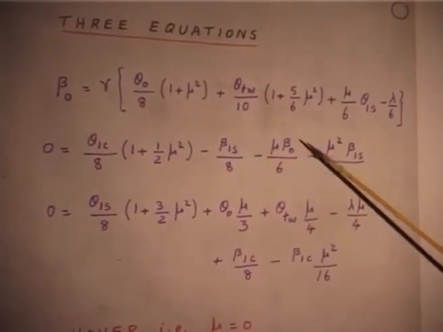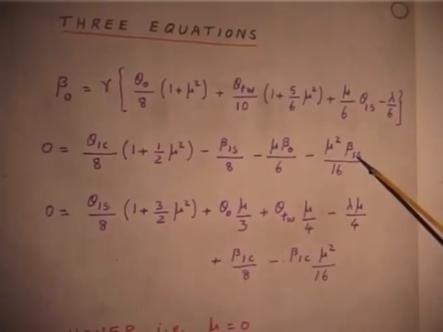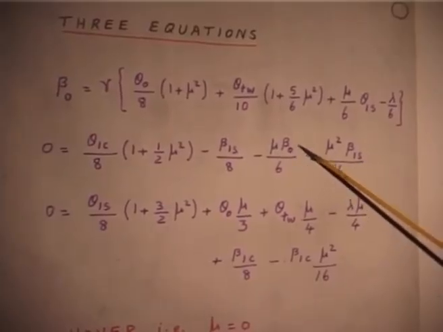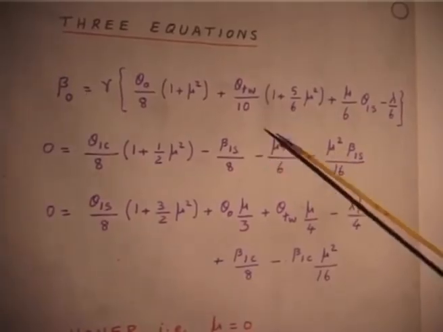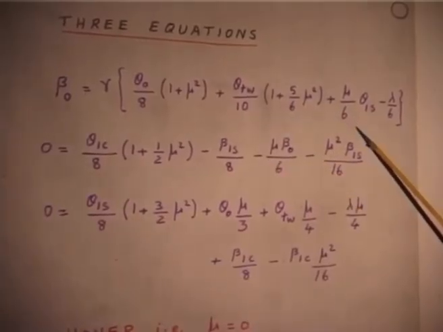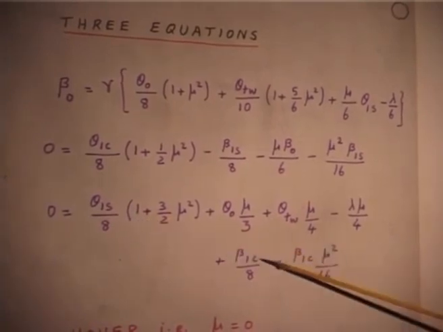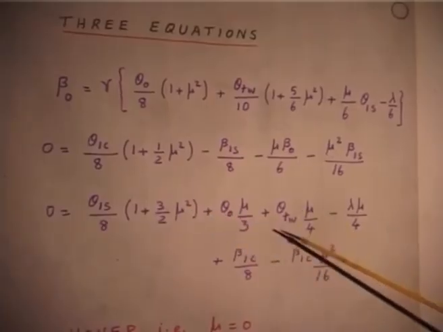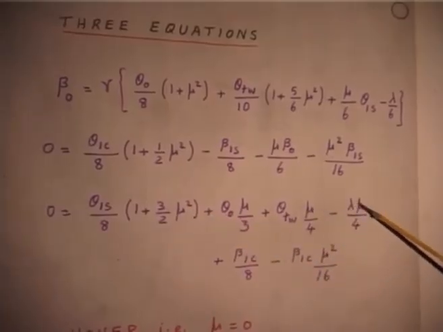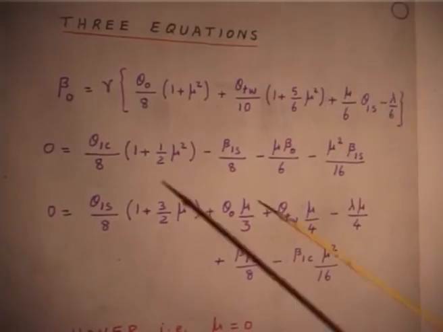Here beta 1s depends on beta naught. So, I have to solve this, substitute here, then I can get beta 1s, okay. And then here is the beta 1c. Beta 1c you can directly get it, but it requires lambda. Please understand, you need to know lambda inflow.